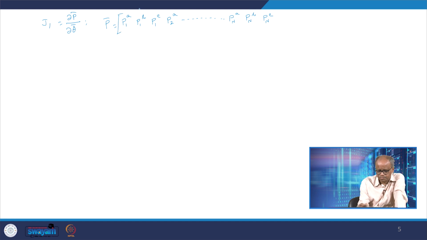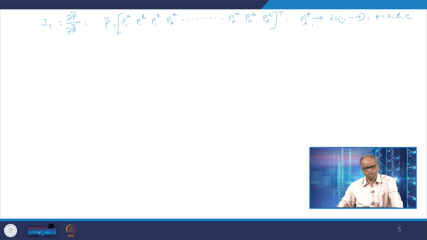And this notation PIP we have already defined several times earlier, so we are not repeating it. I varies from 1 to n and P is ABC, right? What PIP denotes we have already seen. What is theta?